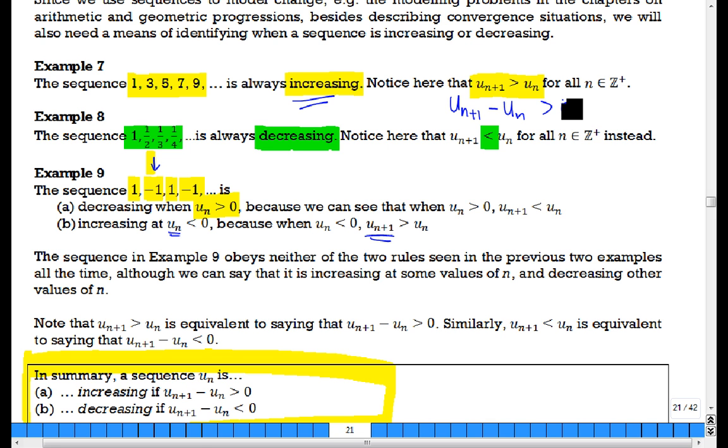We usually write this, and it's easier to show that an expression is positive, rather than this form, showing that a number is larger than another number. You follow what I'm saying? Similarly, it's easier to show this. Later on in the actual example, we'll find out how.